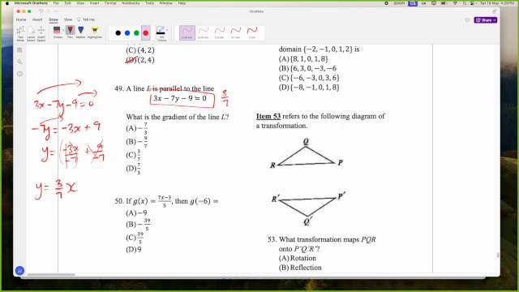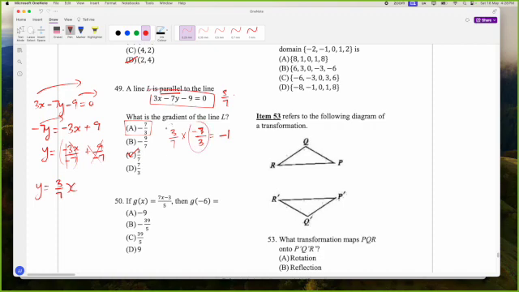What is the gradient of the line L that is parallel to this line? Well, they say parallel, so parallel will have the same gradient, which is this. This one here would be perpendicular, because if this is the gradient of one line, multiplied by the negative inverse, it will give you minus 1.